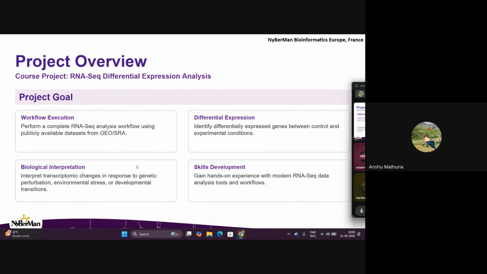After that, you're going to biologically interpret whatever changes have happened, whatever perturbations, environmental stress or developmental transitions are causing that particular change in the expression level. This analysis will help you gain hands-on experience with modern RNA-seq data analysis, both tools and workflow.